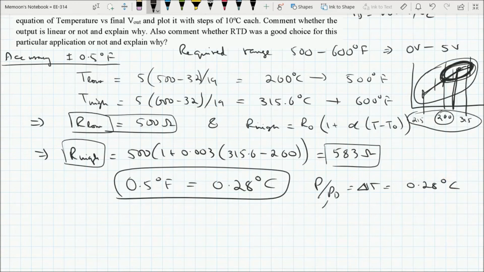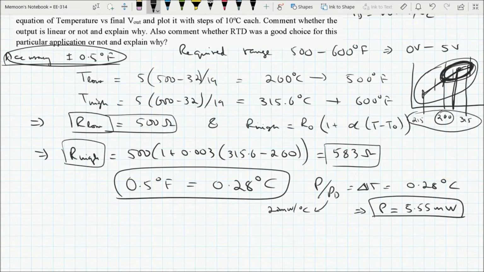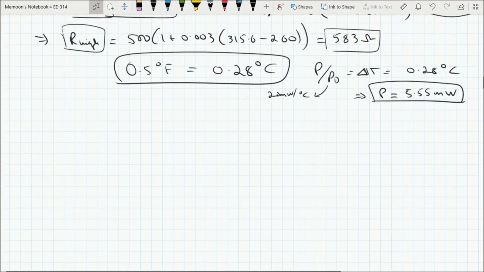And the dissipation constant is 20 milliwatt per degree Celsius. And this gives us the maximum power that can be dissipated by the sensor and remain within the allowed error of plus minus 0.5 degrees Fahrenheit due to self-heating, which is 5.55 milliwatt.